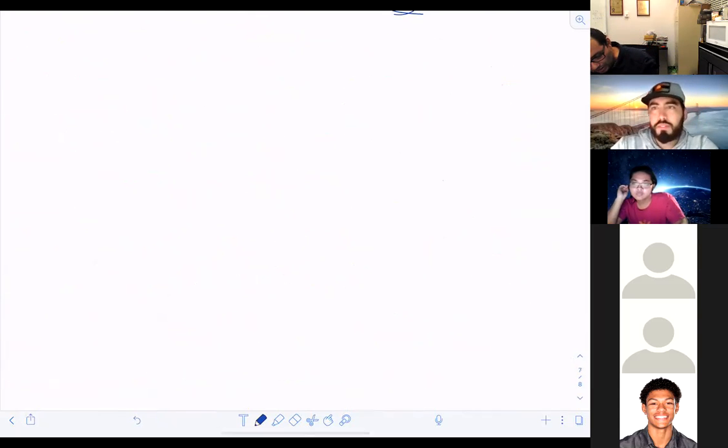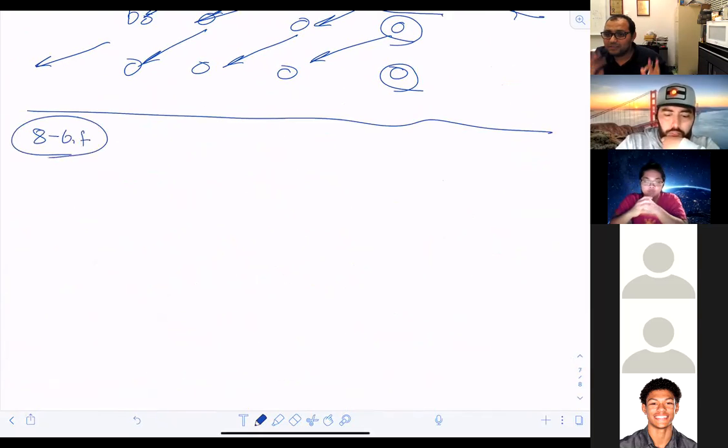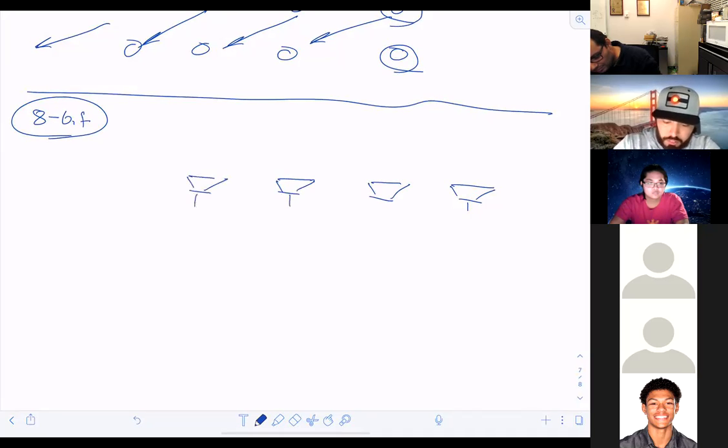Sure. So let's go into the 8-bit, and this 8-bit is gonna be left. Let's make left. Left is easy. To the right. So 8. That means I have 8: 1, 2, 3, 4, 5, 6, 7, and 8.